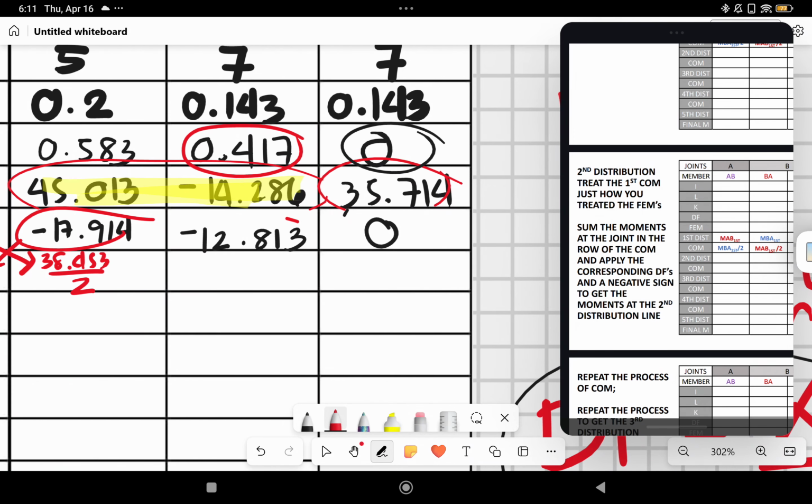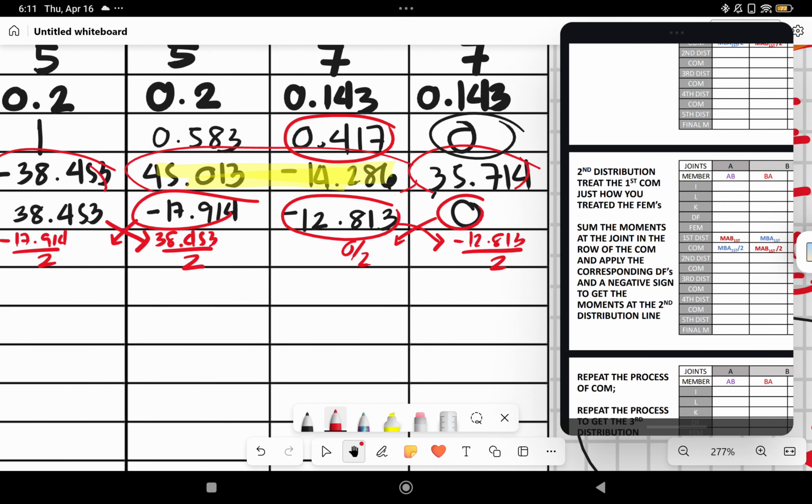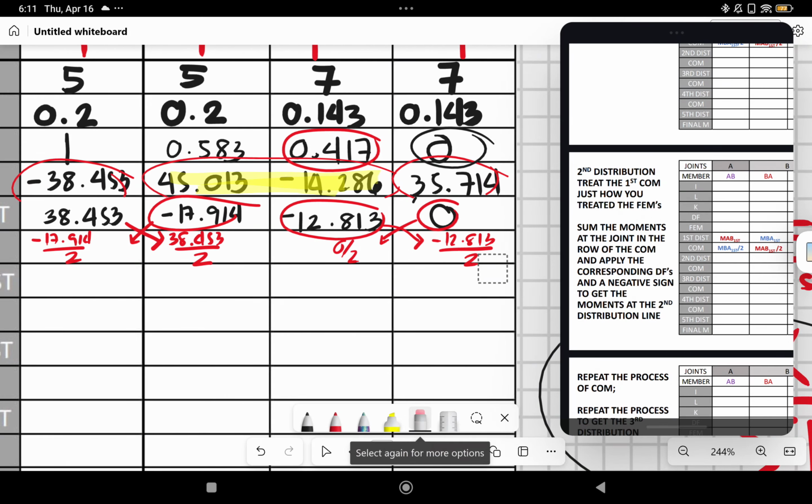This one carries over there: negative 12.813 divided by 2. This one, 0 divided by 2. And then we do the computations.